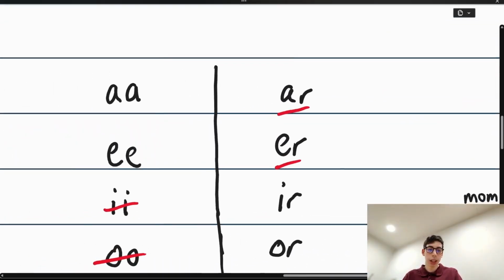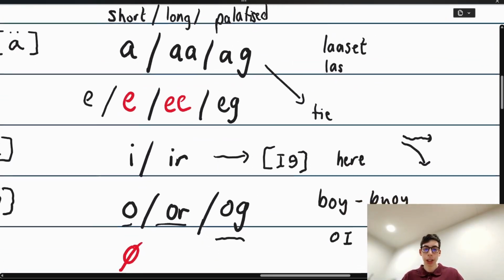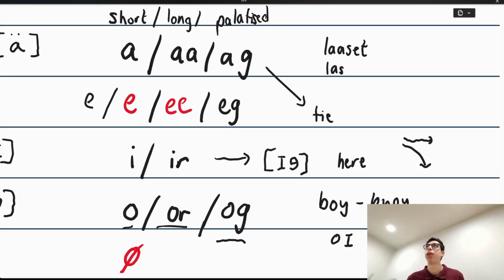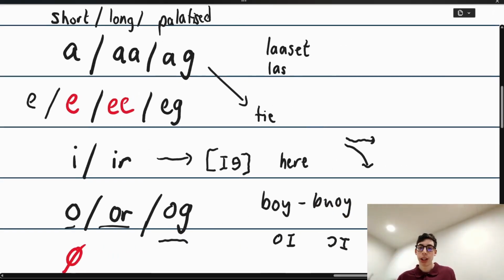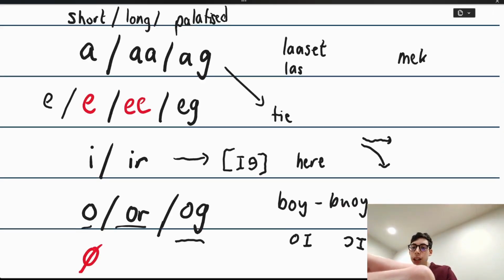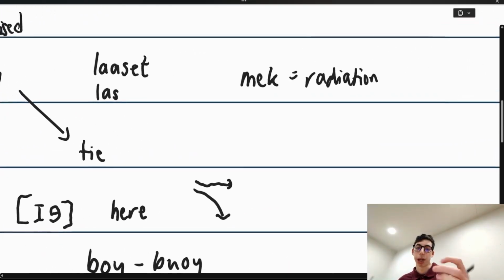So, returning to up here, short E and long E are like short A, long A, short O, long O. I is the only exception to that one. So as short is air, long is air. So for example, the word of the day today was mek, which is radiation, or in the plural it means, chiefly, emissions, like from a car.